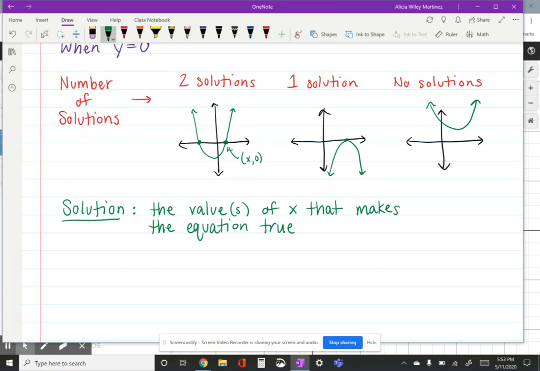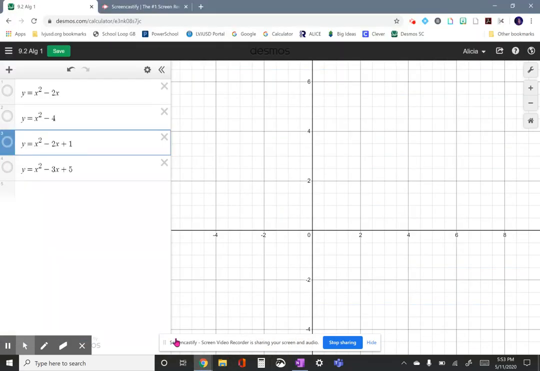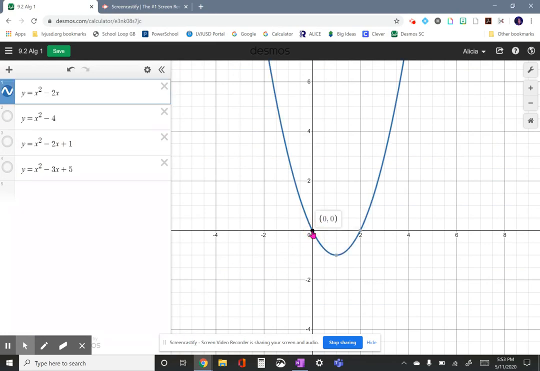So if we're looking at the equation from the Desmos example of y equals x squared minus 2x, we saw that the x-intercepts were an x value of 0 and an x value of 2.